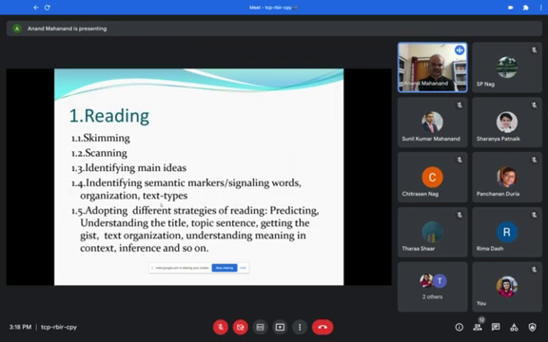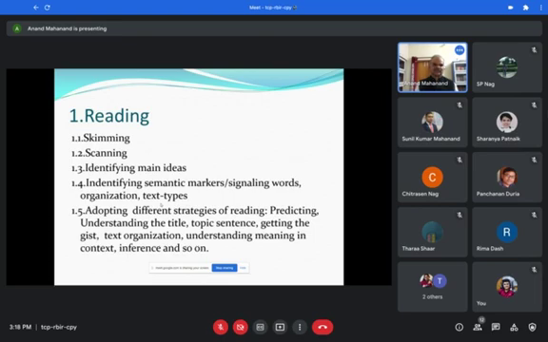Reading is an active process. So you have to predict, you have to ask questions, then you will be a better reader. Pay attention to the topic sentence, try to get the gist. Have I understood? What have I understood by reading this?